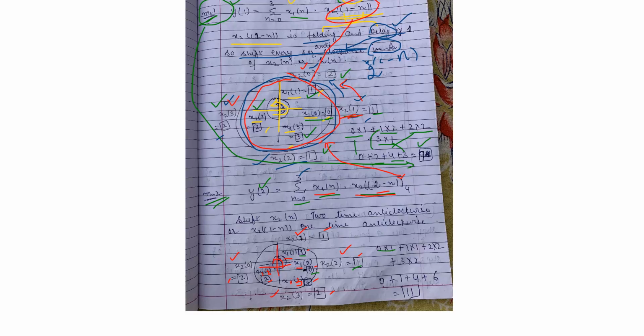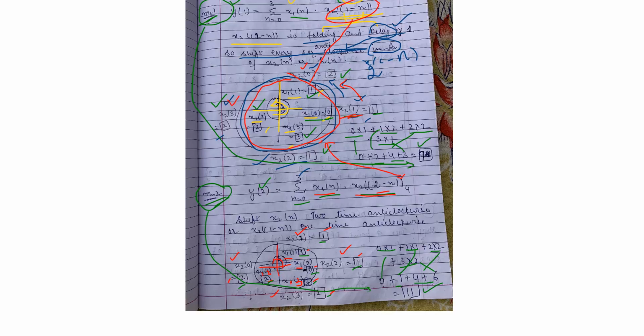Here 1 multiplied by 1. Here 2 multiplied by 2. Here 3 multiplied by 2. So 0 into 1 is 0, 1 into 1 is 1, 2 into 2 is 4 and 3 into 2 is 6. 6 plus 4 is 10, plus 1 is 11. So the calculated value for m equals 2 is 11.